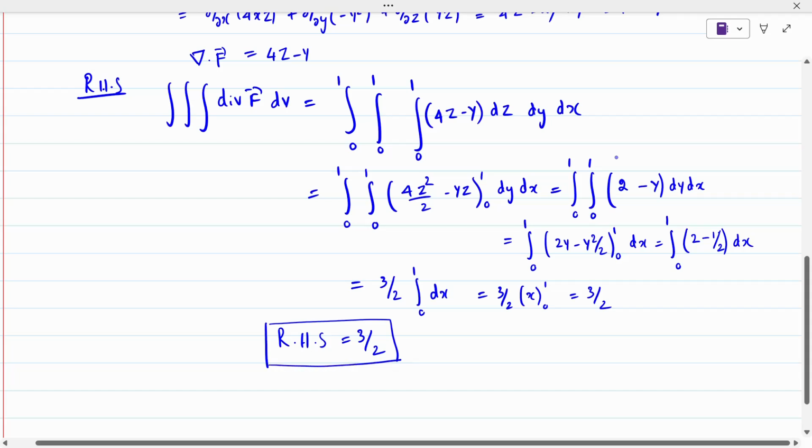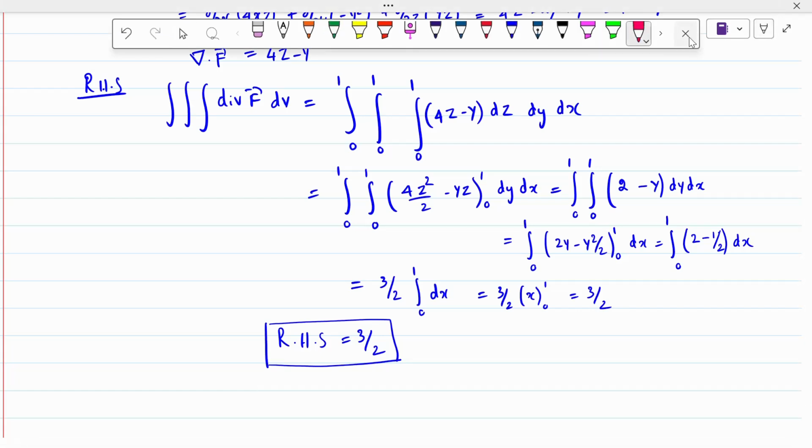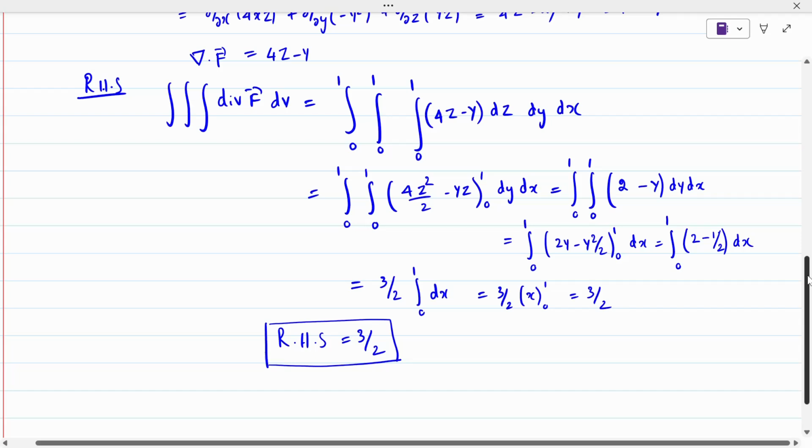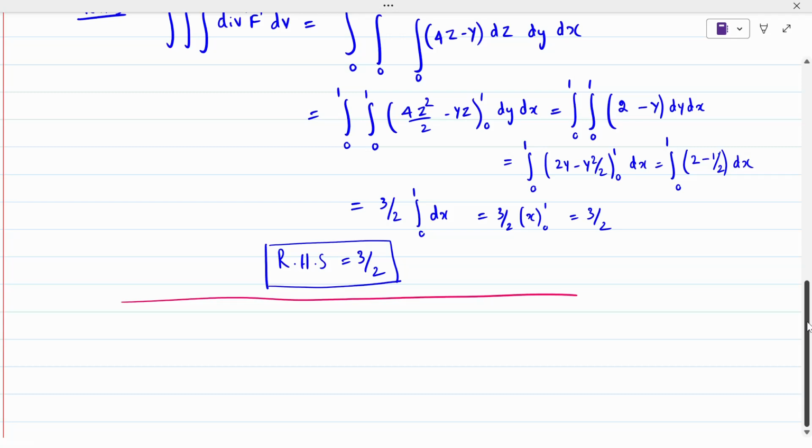The same I should get for the left hand side over all the surfaces. So I use a table format. Already we have studied the table in the Stokes theorem, my previous video; you refer to it and it will be easy. The same procedure I'm going to do here also for the cube. Now I will write it in a table format so that we will not get any confusion.